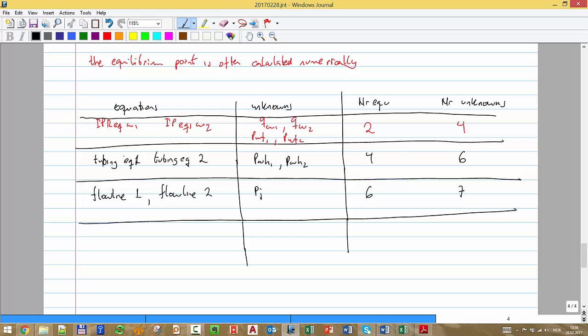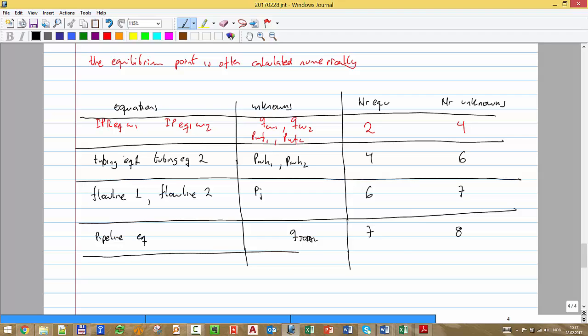Then now we have the pipeline equation, which has Q total and PJ, which we already had. So now we have 8 unknowns and 7 equations.